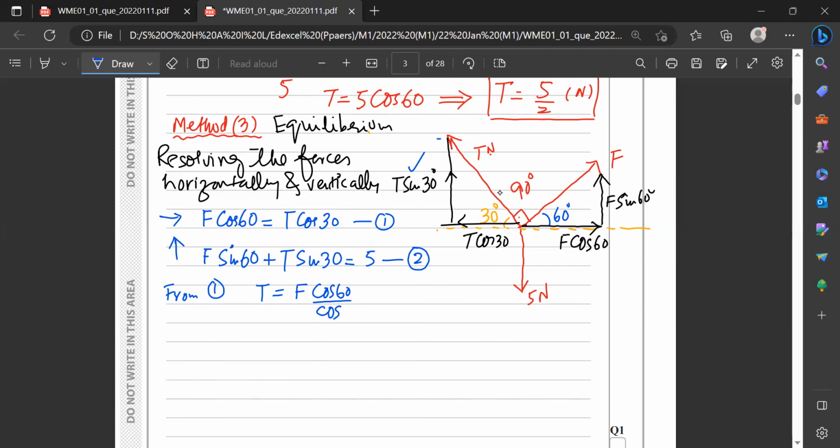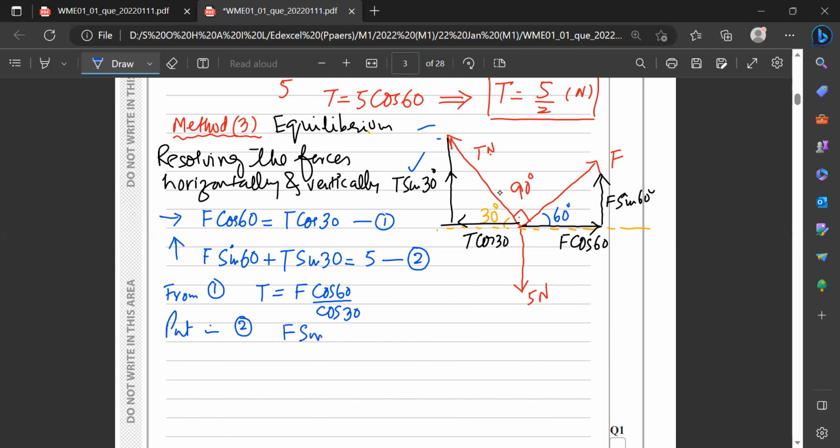If I'm not wrong, it is 30. So you put this value in number 2.